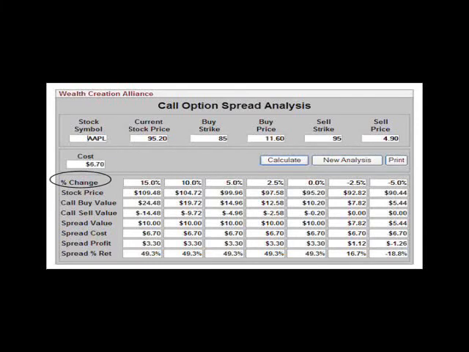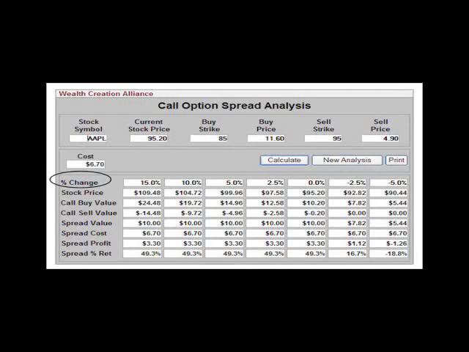The spread value is the net value of the spread and is calculated by subtracting the value of the short option from the value of the long option. The spread cost row displays the cost of the spread, and in this example is calculated by subtracting the 4.90 points received from the sale of the 95 strike call from the 11.60 cost of the 85 strike call purchase.